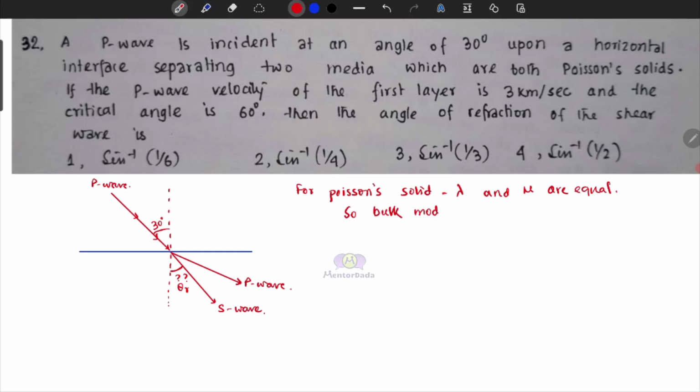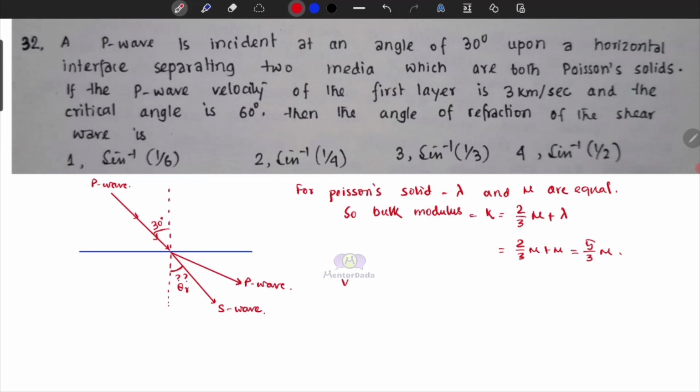Bulk modulus will be 2 by 3 mu plus Lame's constant; this is the formula of bulk modulus. Since Lame's constant and shear modulus are equal, it is 2 by 3 of mu plus mu, which equals 5 by 3 of mu.